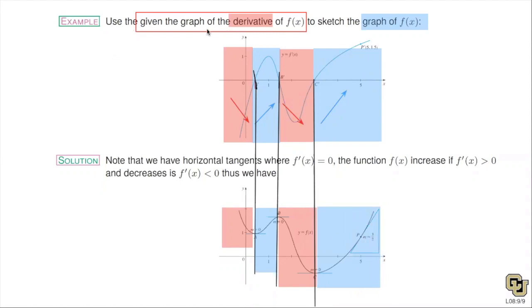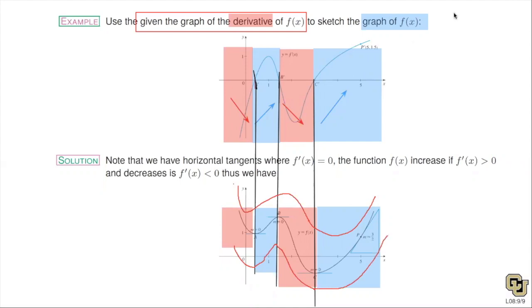Now, one thing to keep in mind is the actual positioning of this curve is unknown. A curve that looks like this, if I have the same curve but shifted up, the derivative will look the same. If I had the same curve, same shape, but shifted down, the derivative only gives us shape information.